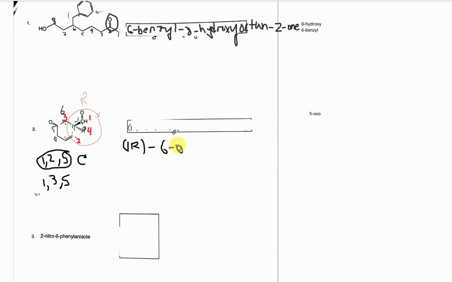So I have 6-oxo, and then I have cyclohexane, okay?